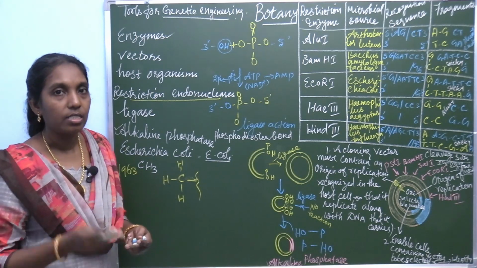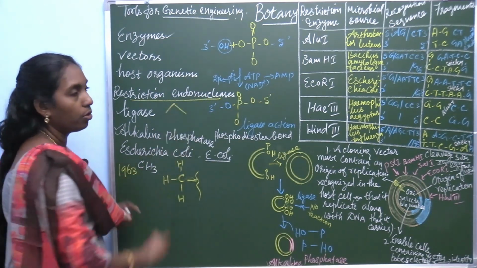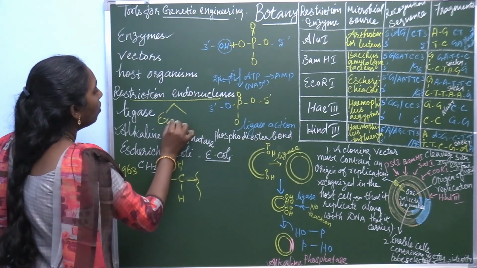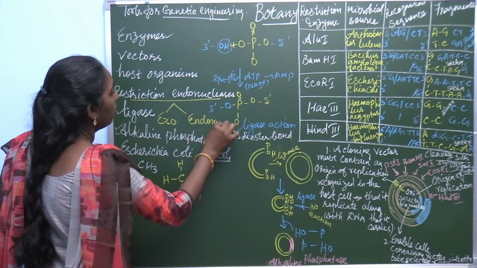Based on its mode of action, there are two different types of restriction endonucleases, namely exonucleases and endonucleases.